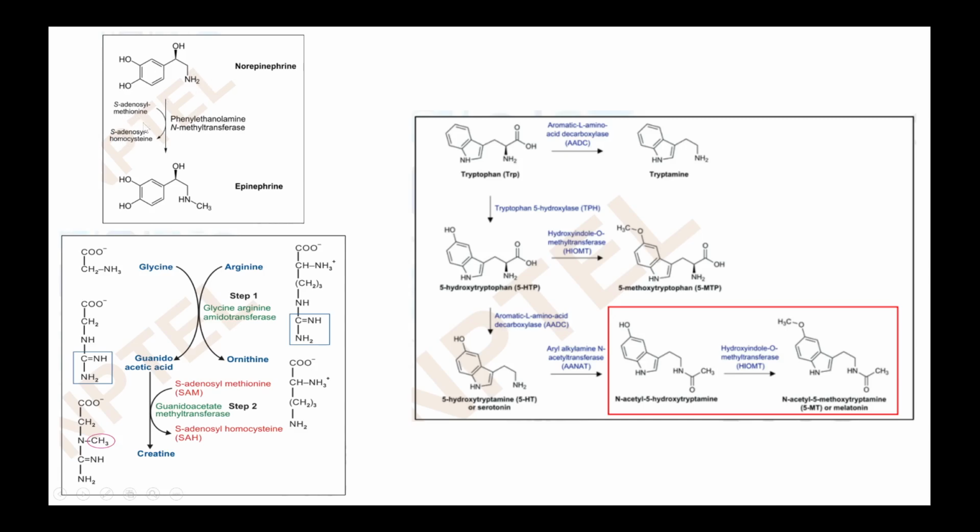This methyl group transfer is done by phenylethanolamine N-methyltransferase. Whatever the substrate is, methyltransferase is added in front of it, and since the methyl is transferred on the nitrogen, it is N-methyltransferase. This is the enzyme. The methyl group donor is SAM, which becomes S-adenosyl homocysteine and gives the methyl group to norepinephrine to become epinephrine.